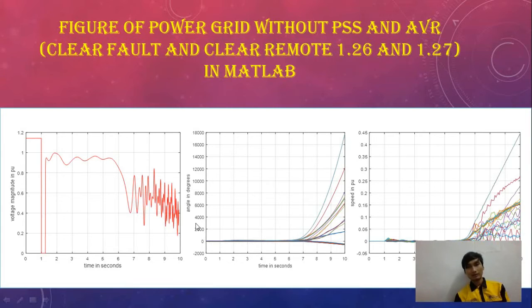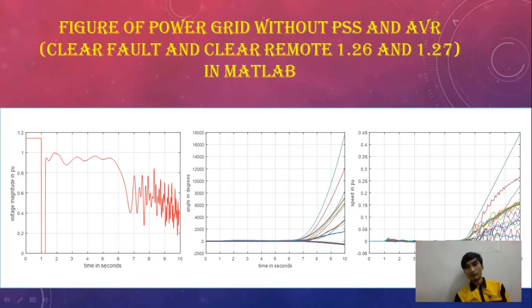Figure 2 shows the angles in degrees versus time in seconds. After 6.5 seconds, the generator angles increase, and Figure 3 shows the speed in PU of the generator versus time in seconds.